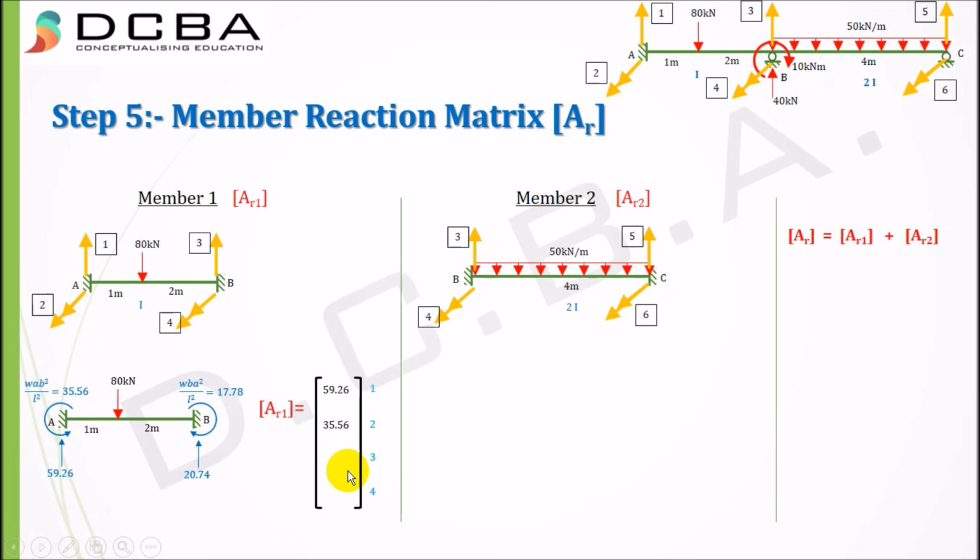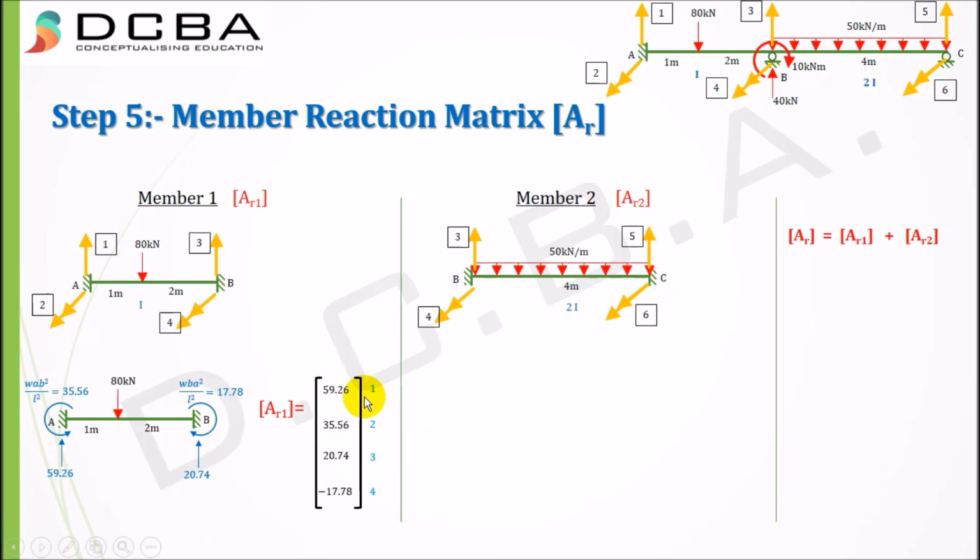Number 3 is a force acting upwards. This force is also acting upwards, hence it is positive. And number 4 is a moment; here, if you see, this moment is acting in the clockwise direction, hence it does not conform with our positive reference moment, therefore it is negative, minus 17.78. This constitutes our AR1 matrix.